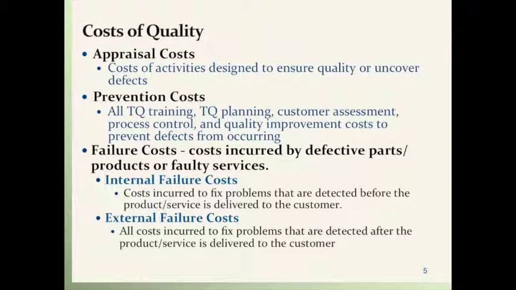So all the total quality training, total quality management, customer assessment, process control, quality improvement, cost to prevent defects from occurring. And then the failure cost. So when something or someone does not meet the quality plan, those are the failure costs.